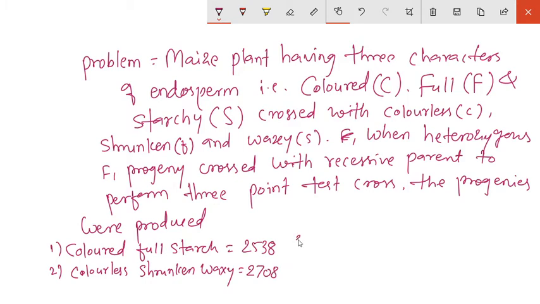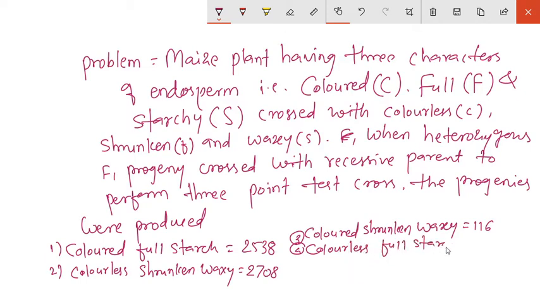The third progeny is colored shrunken waxy, 116. The fourth is colorless full starchy, 113.